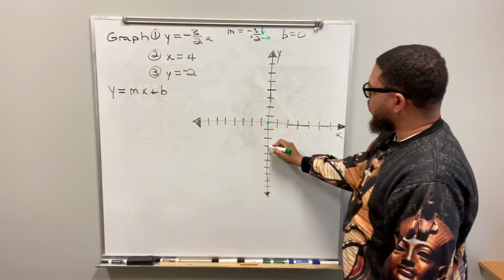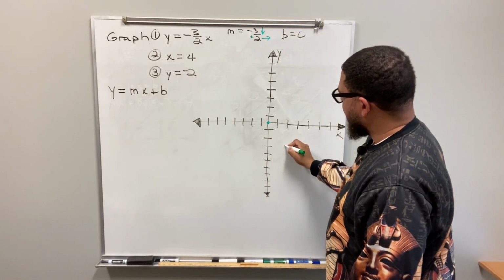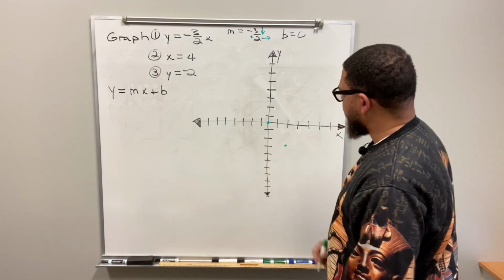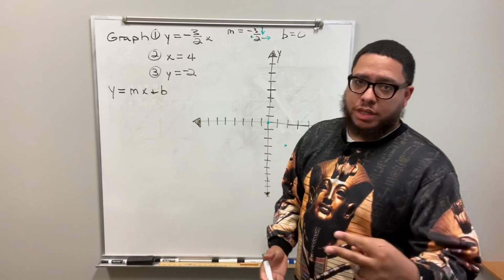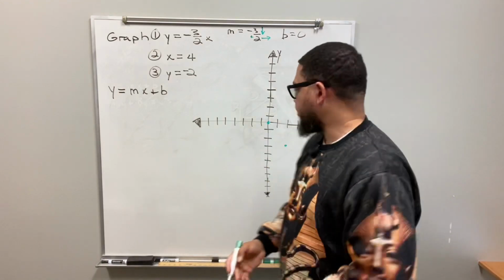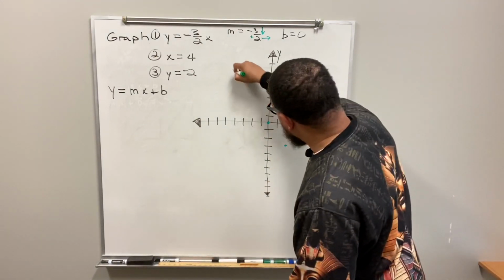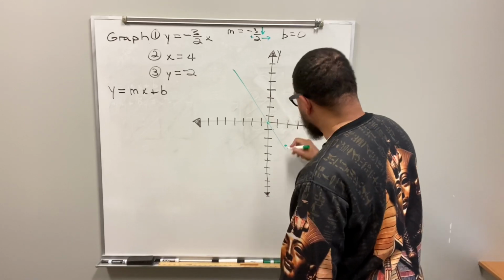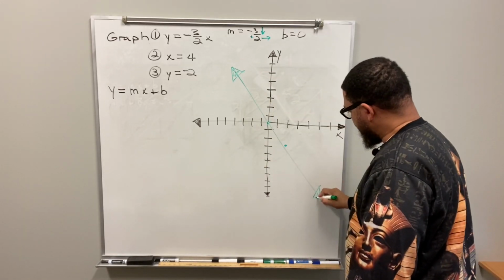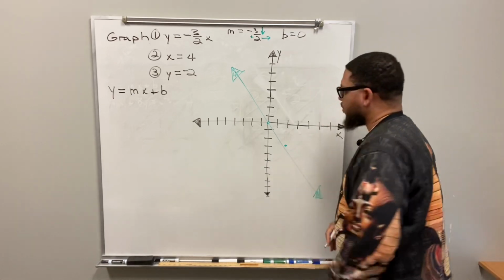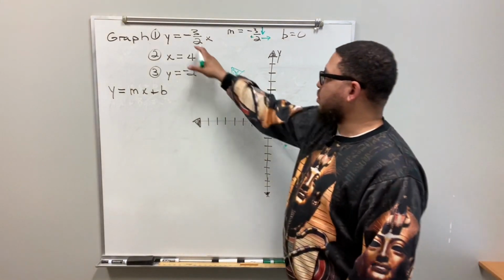Then I slide to the right 2 spaces, 1, 2. And that's where I stop. And I draw my point. Now I got my 2 points. Now I need a minimum of 2 points in order to graph a line. So I'm going to do this. I missed the point, but this is approximate anyway. You know what I mean? It's approximate, right? So that's my graph. That's y equals negative 3/2 x.